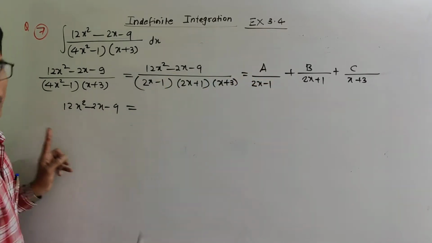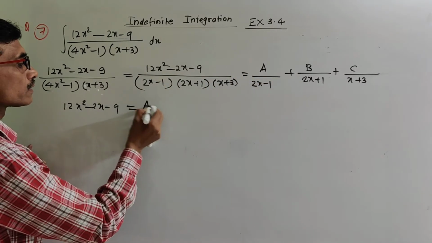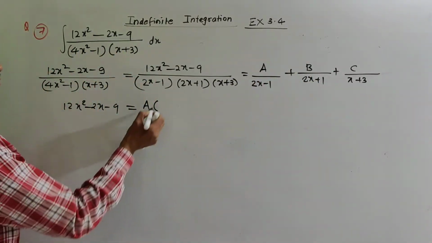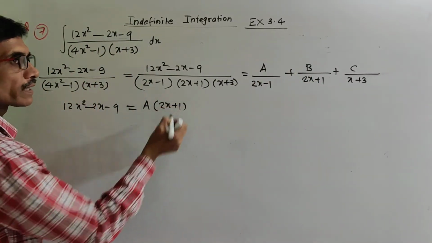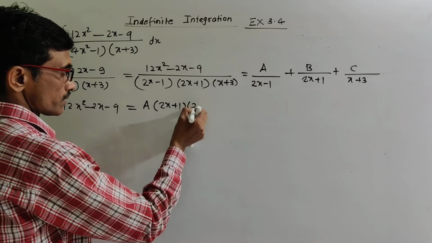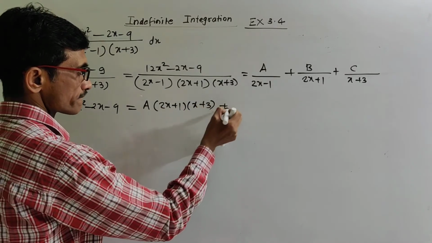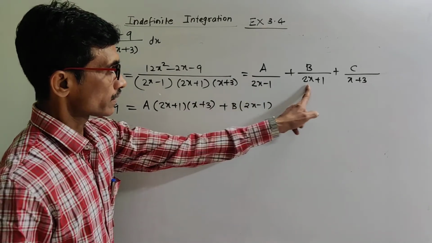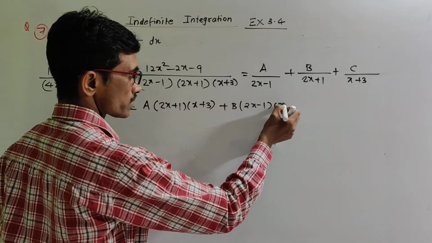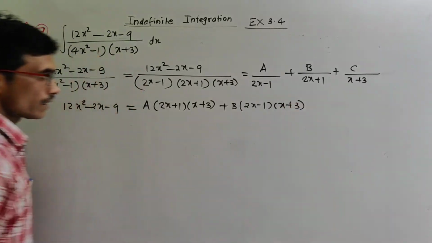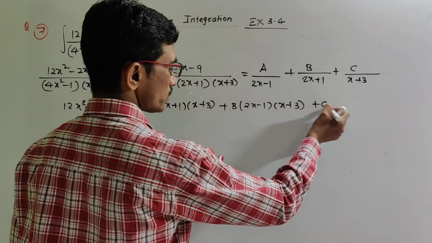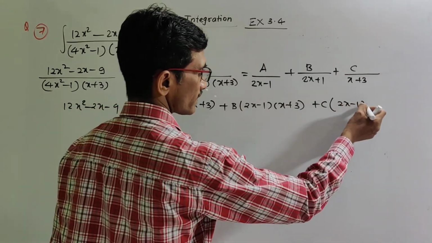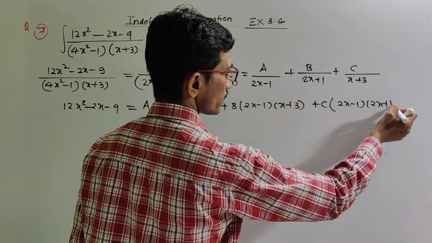We compare the numerator, that is 12x square minus 2x minus 9. a into, these two factors we have to multiply, 2x plus 1, taking LCM, x plus 3; b into 2x minus 1, this factor is not here, x plus 3; then plus c into, these two factors are not here, 2x minus 1, 2x plus 1.